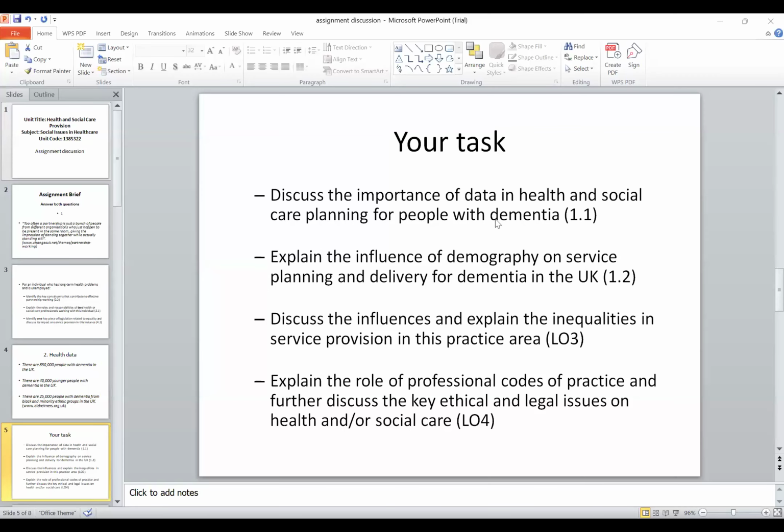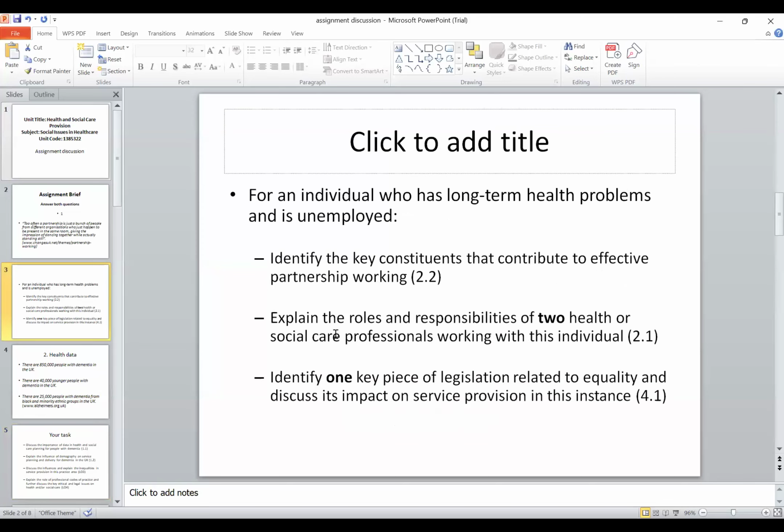It's not actually a report. It is a report, but it's more discussion. It's like an essay, actually. Your first task, when you're talking about partnerships, was to identify key constituents that contribute to effective partnership working.